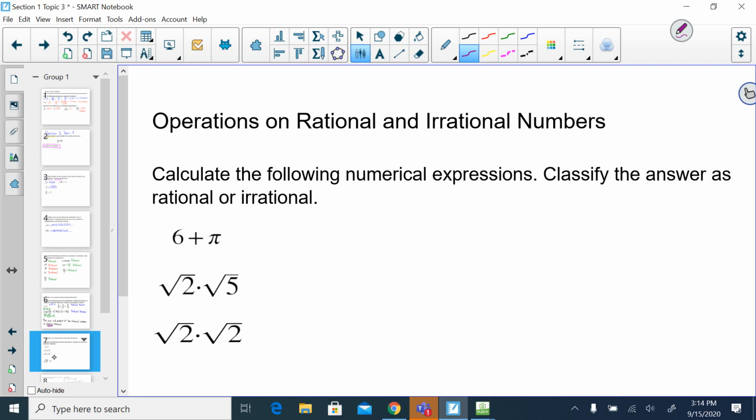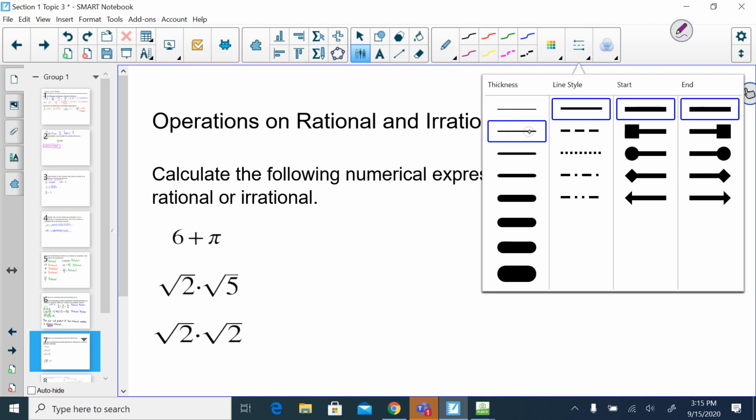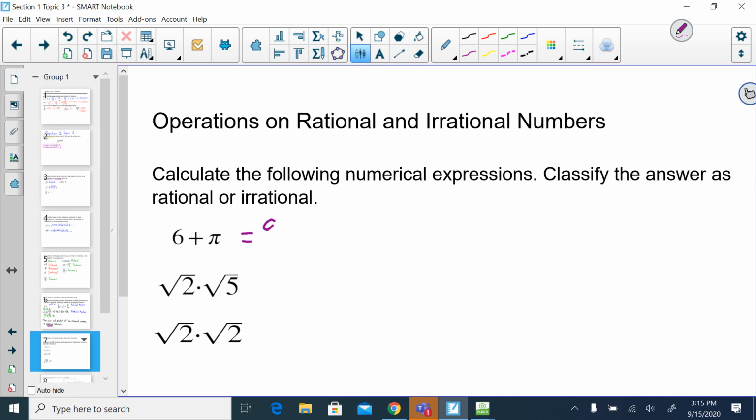When you type those into the calculator and add them together, your answer comes to 9.1415926, and it's going to keep going on and on. This answer is what we will call an irrational number.